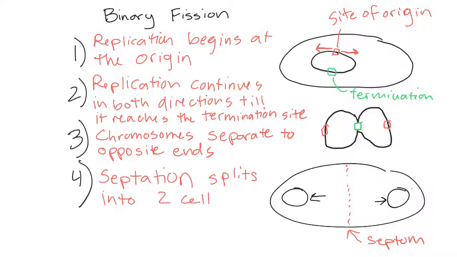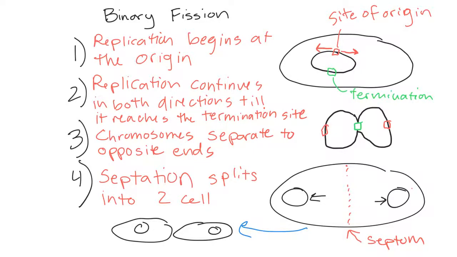And then that pinches off, and then you have the formation of two complete cells, each with their own circular chromosome and exact replicas of our first cell that we had.